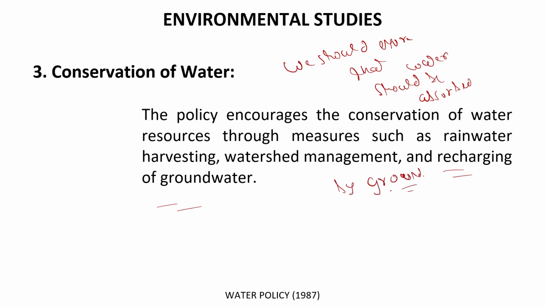So we should not make more concrete structures, because concrete structures cover the ground, and that's why the ground is not able to absorb the water. Because of this, the groundwater level will eventually fall. But if there is no concrete, no cement and solid items on the ground, then the ground will be able to absorb more and more water. So that's how we conserve water under the water policy of 1987.